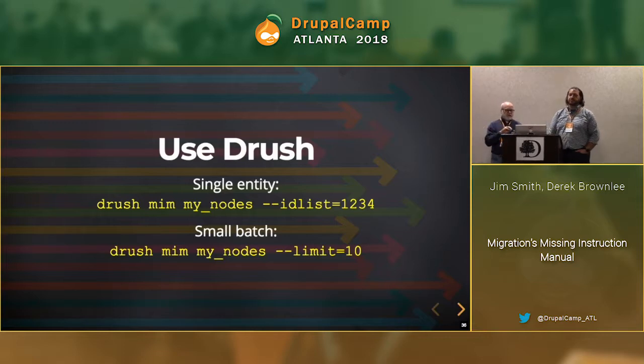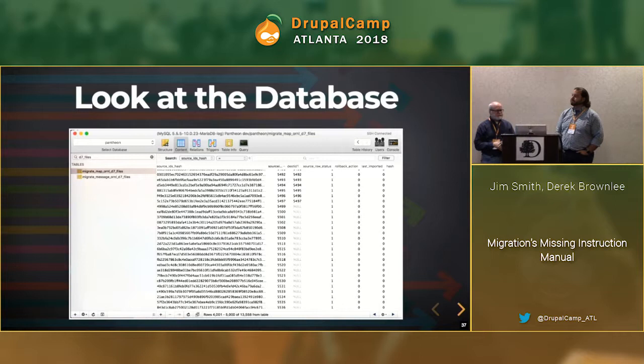If you're running a node migration, those will be node IDs, and you can run a migration of just one or two or however many, as long as you list these individually. Or if you want to run a small batch, like the first 10, then use a flag of limit. These are ways to quickly test and see where you are in your development of your YAML files.